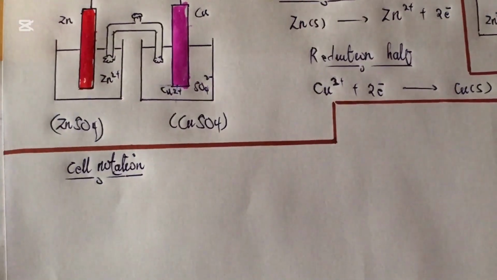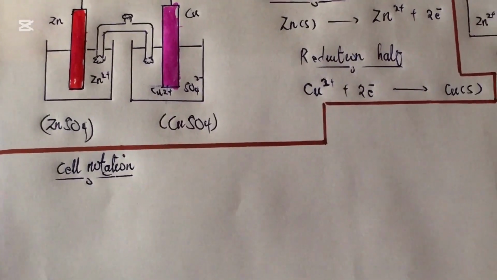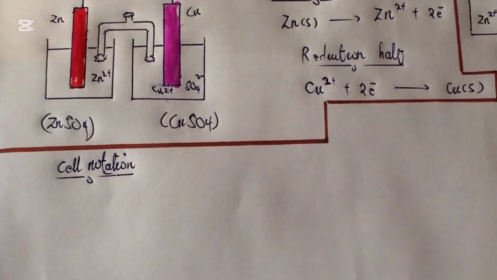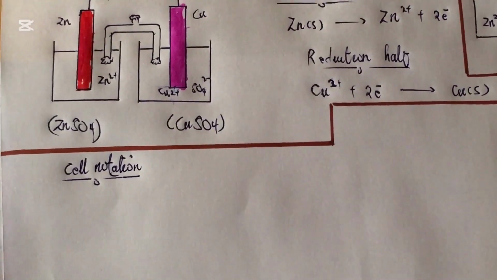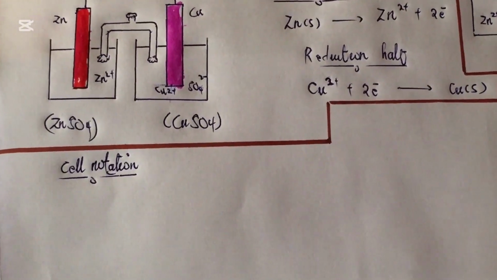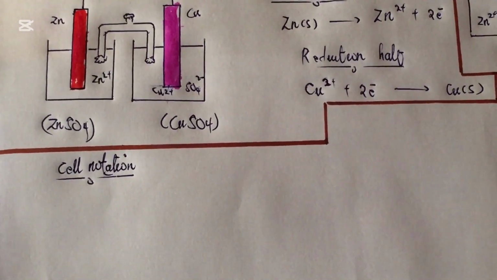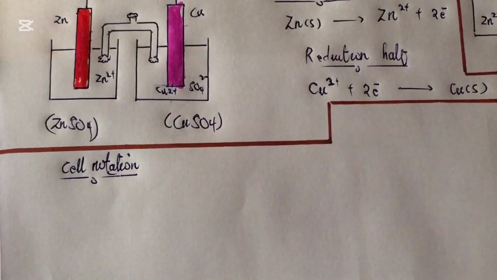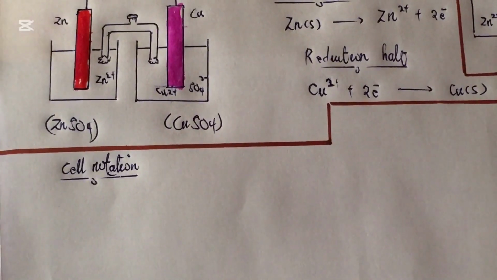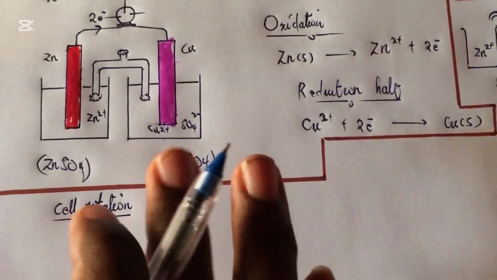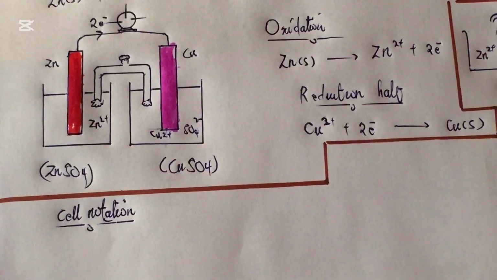And now from the same diagram, let's try and talk about the cell notation. When we are talking about the cell notation, it's a shorthand way of writing cells. For instance, if we have this particular galvanic cell, we can write its cell notation.